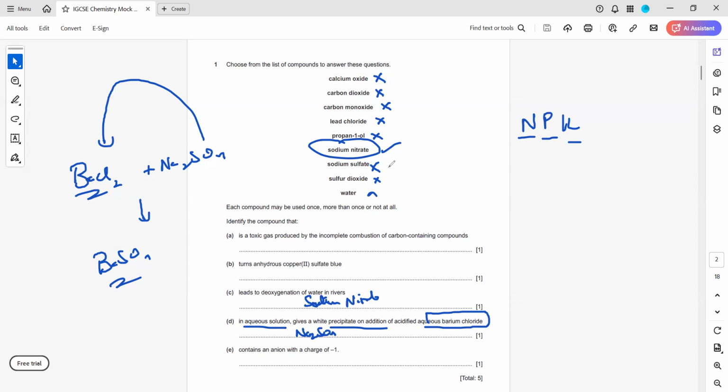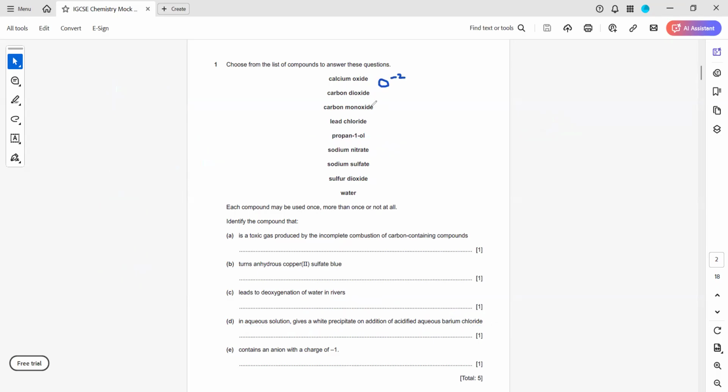And an anion with a charge of -1. Which anion has a charge of -1? Oxide is there, but the charge is -2. It's not an ionic compound; this is a covalent compound. Chloride is -1. Propanol is not an ionic compound. Sodium nitrate is there. Sulfate is there, SO4, but the charge is 2-. Sulfur dioxide is a covalent substance, and water is also covalent.